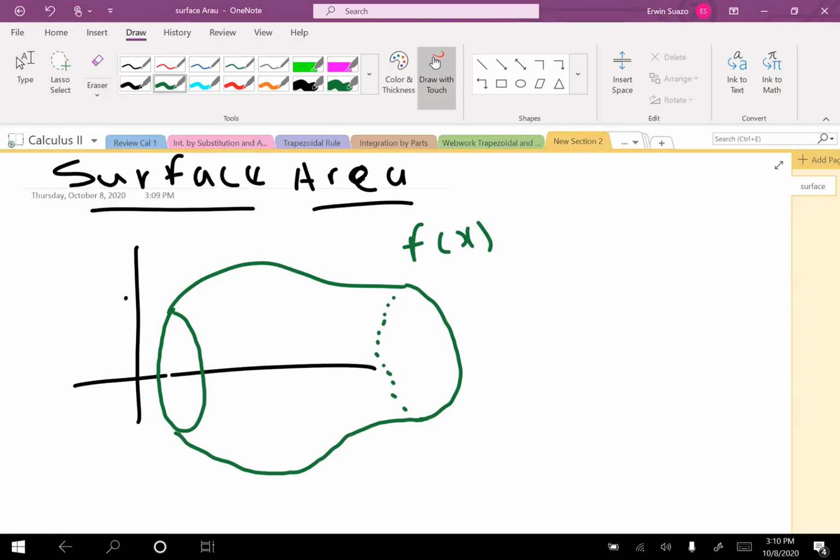So this is the surface area, where my f of x is this one, from A to B.